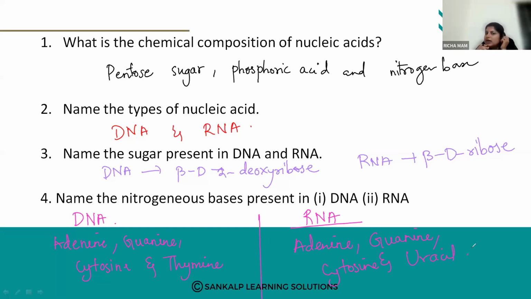So these questions can be asked for 2 marks. What is the chemical composition of nucleic acid? Pentose sugar, phosphoric acid, and nitrogen base. What are the types of nucleic acid? DNA and RNA. What is the sugar present in DNA and RNA? DNA consists of beta D-2-deoxyribose, RNA consists of beta D-ribose. And the nitrogenous bases present in DNA are adenine, guanine, cytosine, thymine, and in RNA, adenine, guanine, cytosine, uracil.